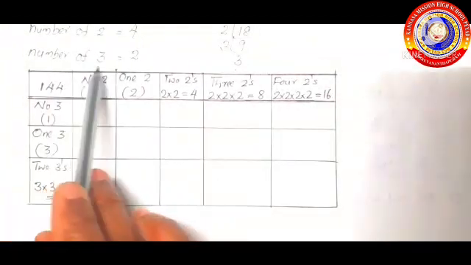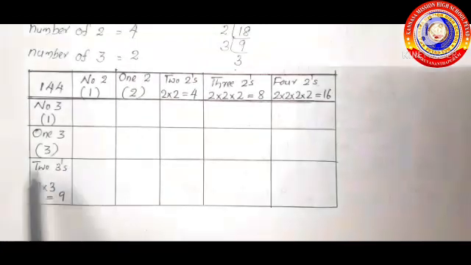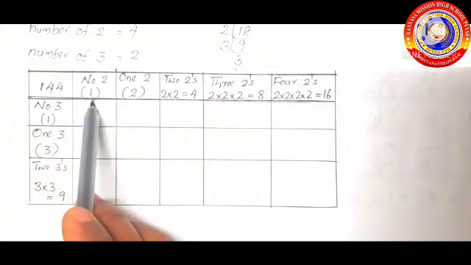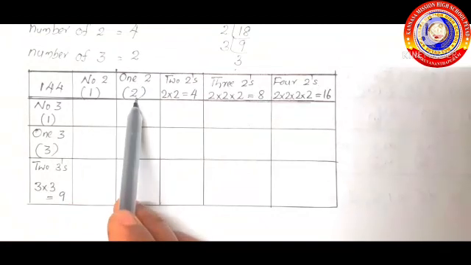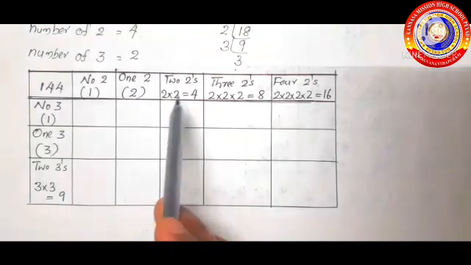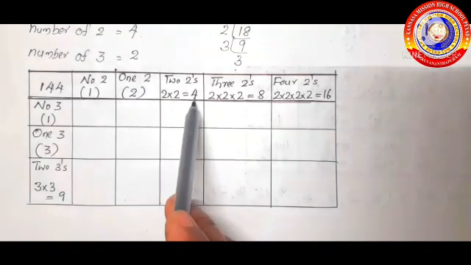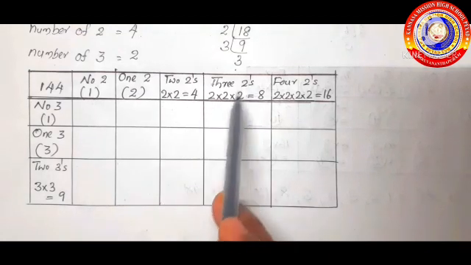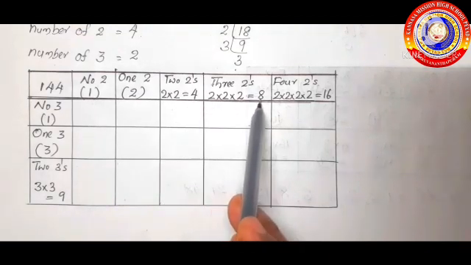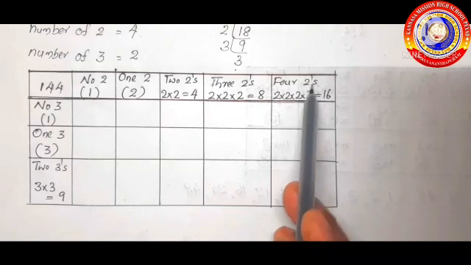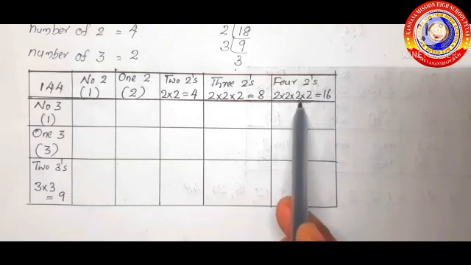So the column contains, in the first row, no 2, that is 1; 1 2 is 2; 2 2's are 2 into 2, 4; 3 2's are 2 into 2 into 2, 8; and 4 2's are 2 into 2 into 2 into 2, 16.